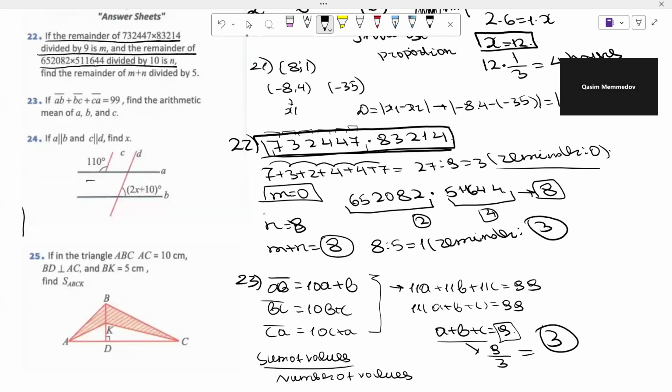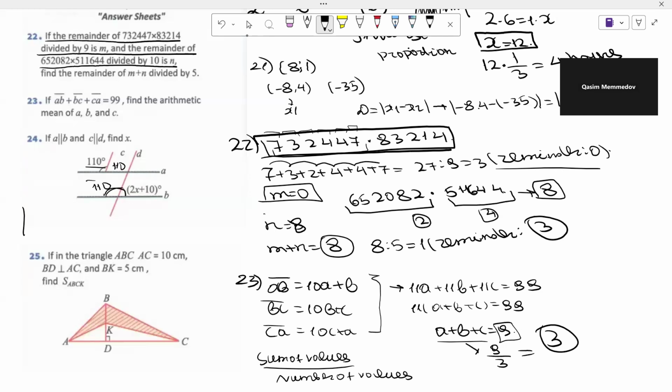I will write it in there. If they are parallel, firstly AB and CD are parallel. That's why if this angle equals 110, this is also 110, and this angle also 110.